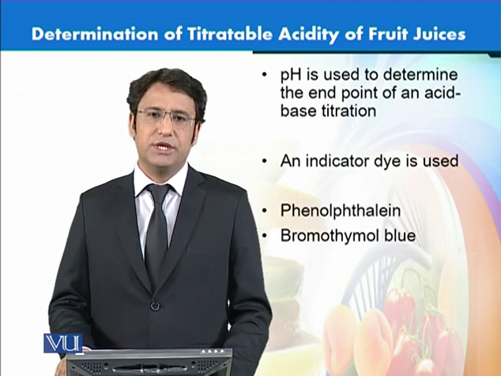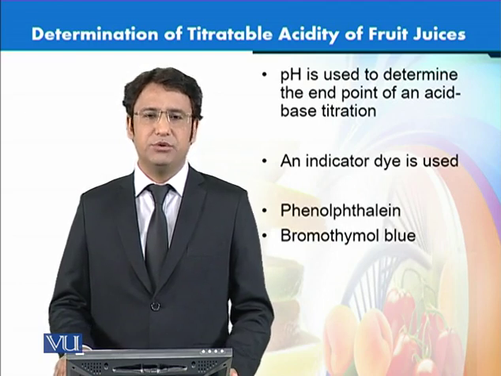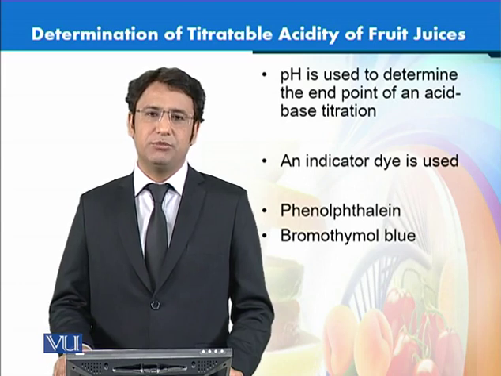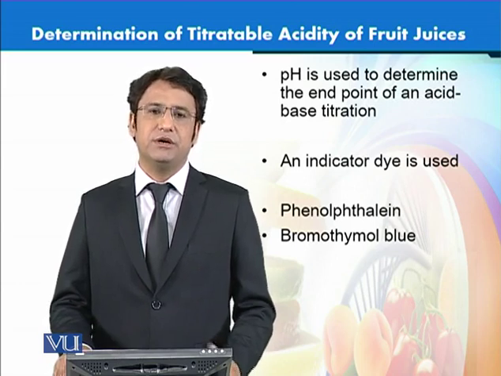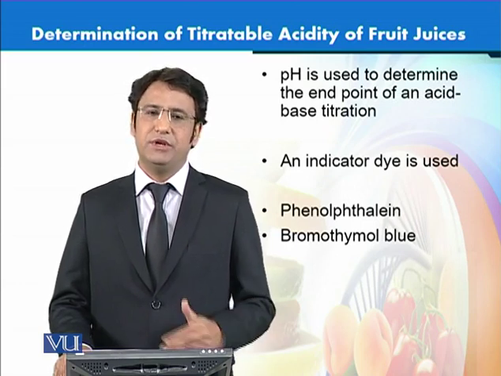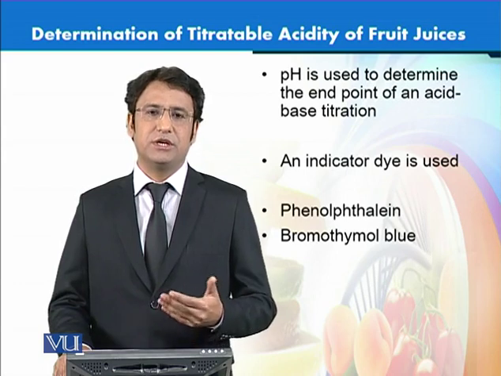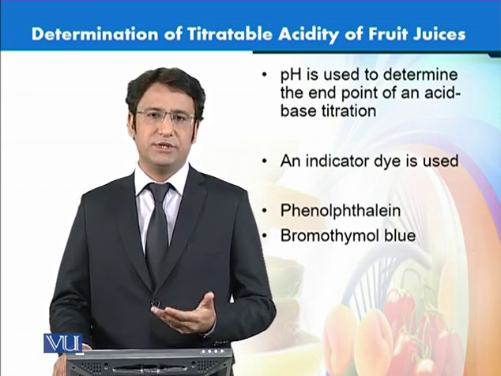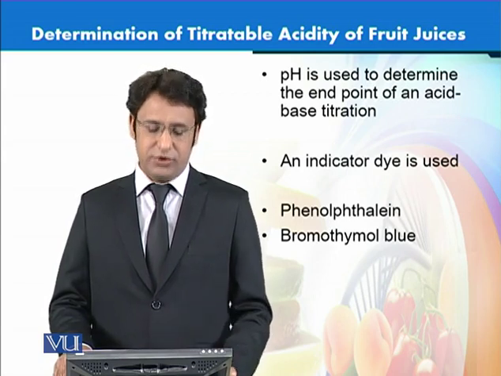pH is also used as an endpoint. As you might know, once you titrate acid with base, there would be a point when it becomes near neutral, and for that we have different indicators. They would change the color, and we would get to know that all the acid or base has been consumed by the acid-base reaction.